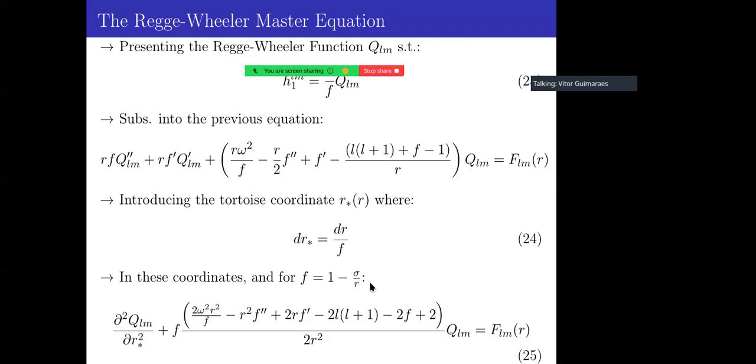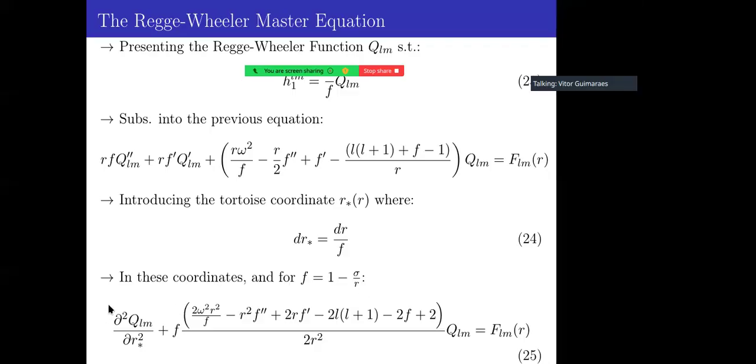Because this form of the function f is precisely what we get when we solve the Schwarzschild metric with the assumption of spherical symmetry. So assuming this is the same as assuming that our problem maintains its spherical symmetry.